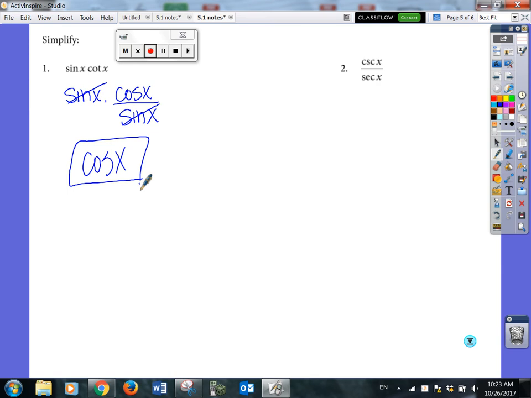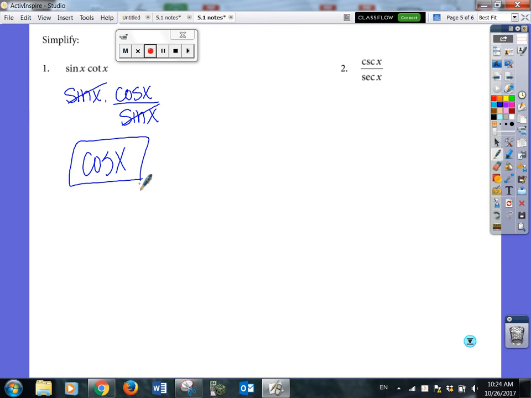If you have two terms, you want to look at your Pythagorean identities. When it has a plus or minus 1 or 2 of the trig functions added together, the sine and the cosine go together, the secant and the tangent go together, the cotangent and the cosecant go together. If you have two terms with some kind of 1 involved, then you want to look at that and try to simplify it down to a single term.